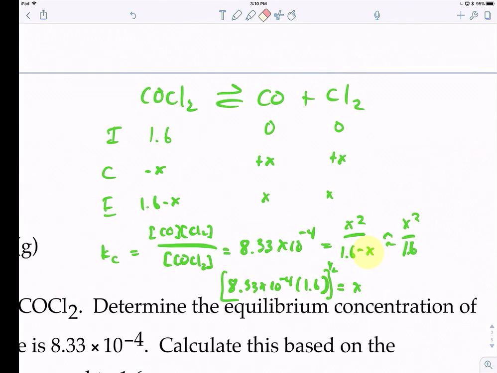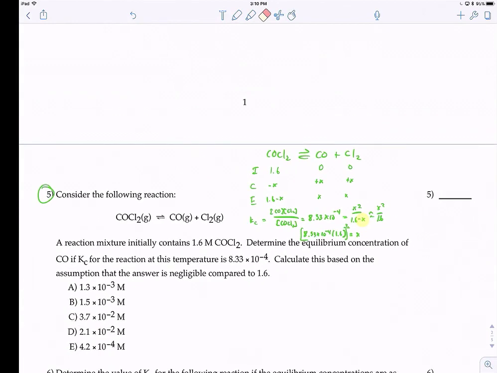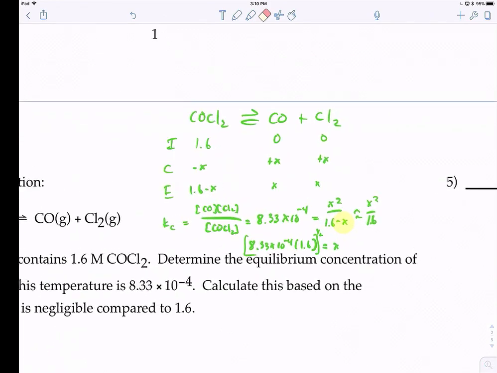Okay. So recap on this one. That reaction there, COCl2 in equilibrium with CO plus Cl2, initially has 1.6 molar COCl2, also known as phosgene. The Kc is 8.33 times 10 to the minus 4. What is the equilibrium concentration of CO? In this case, it's going to be x.